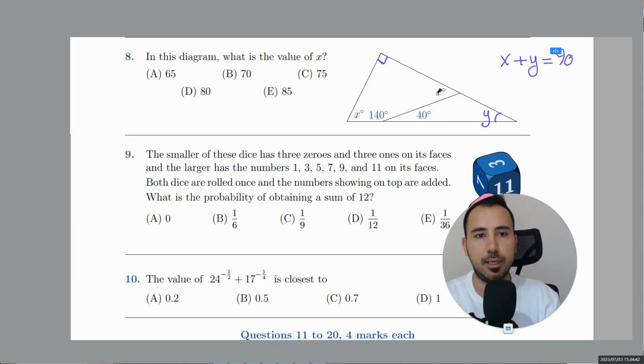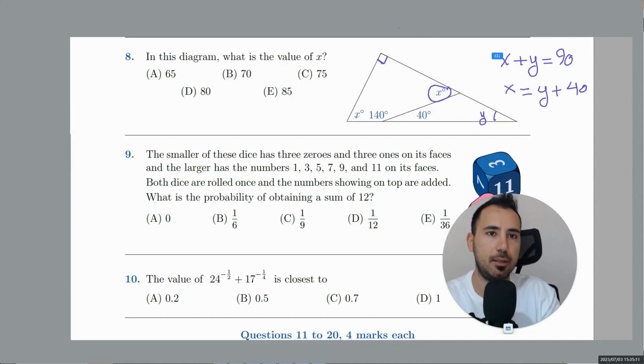Okay. We also know that this angle x is equal to these two angles together, y and 40. So I'm going to write x equals y plus 40. Okay, in this equation, I'm going to replace x by y plus 40.